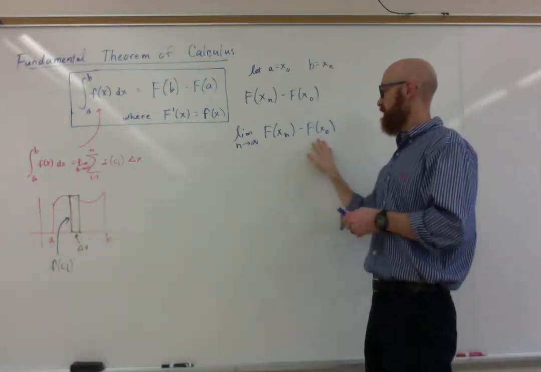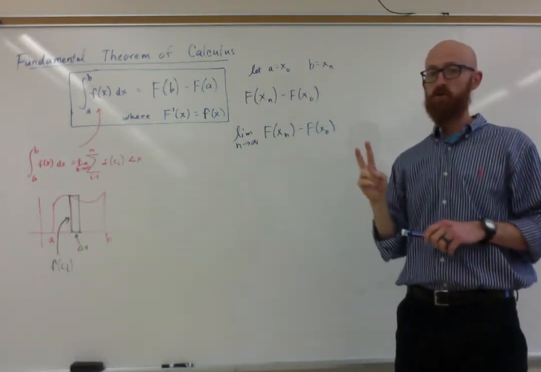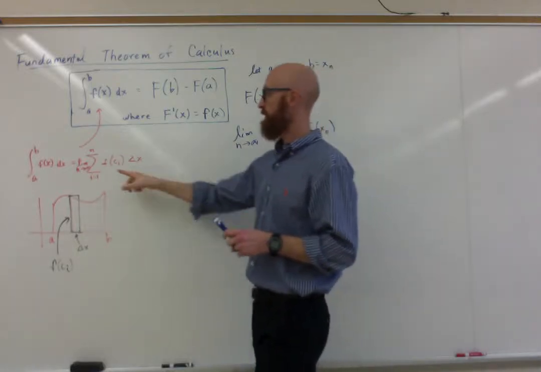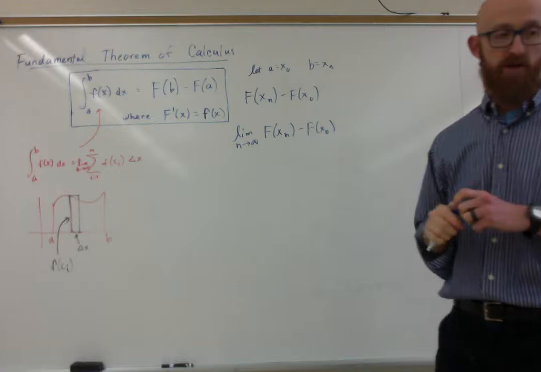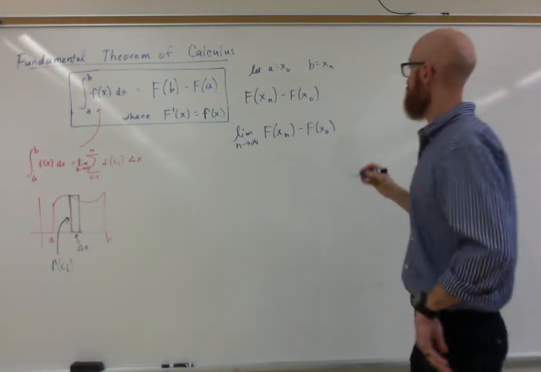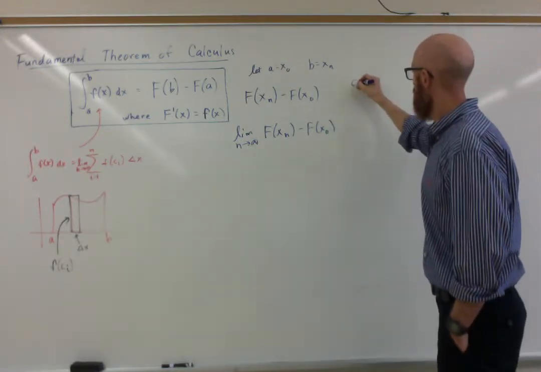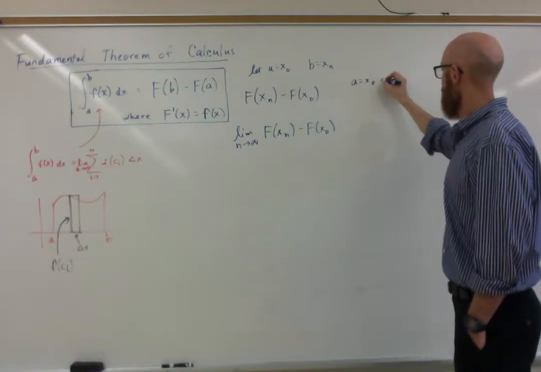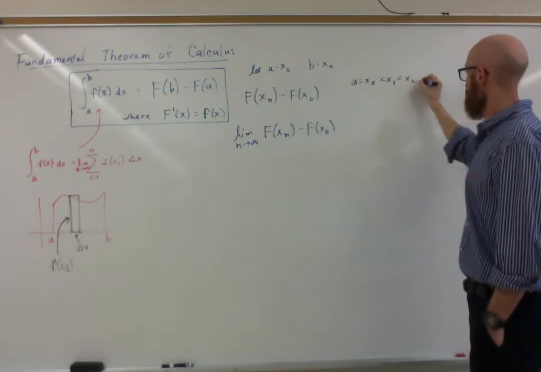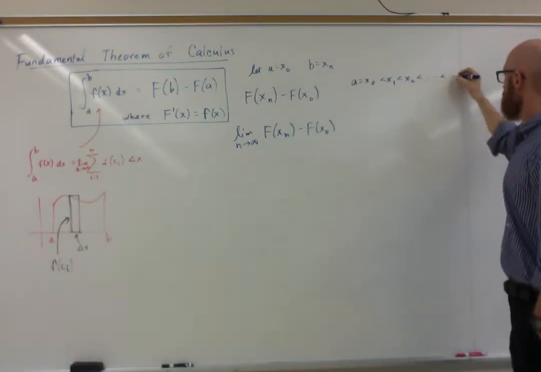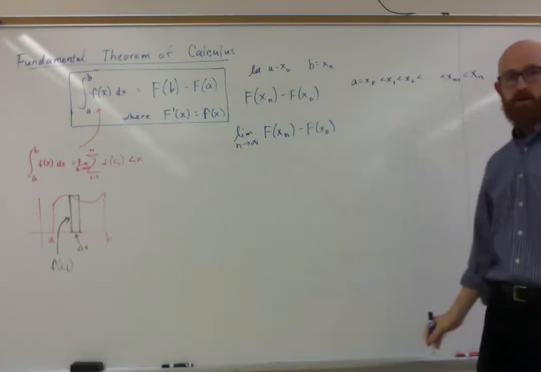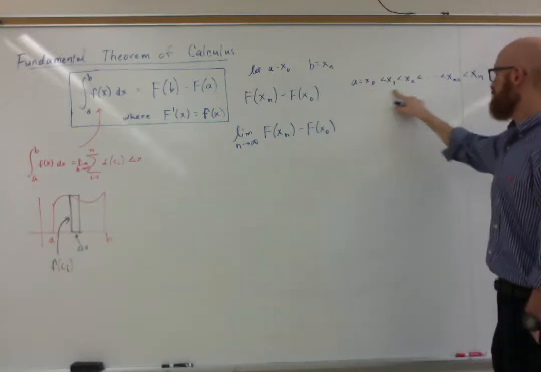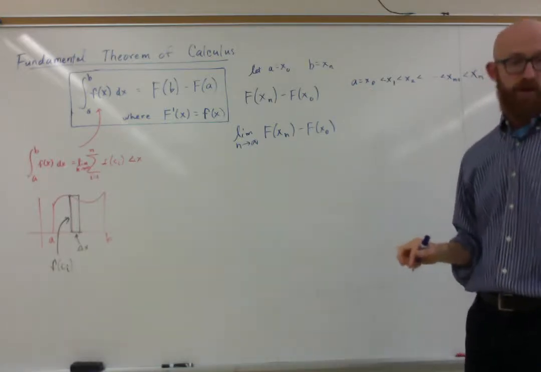So now we have a subtraction or a difference of two things, but we eventually want there to be n things that we're adding up. And the way we're going to do that is to create a telescoping sum. And first I'll say that a is x naught, and that's less than x1, less than x2, all the way up to x sub n minus 1 and x sub n. So this just orders all of our inputs.